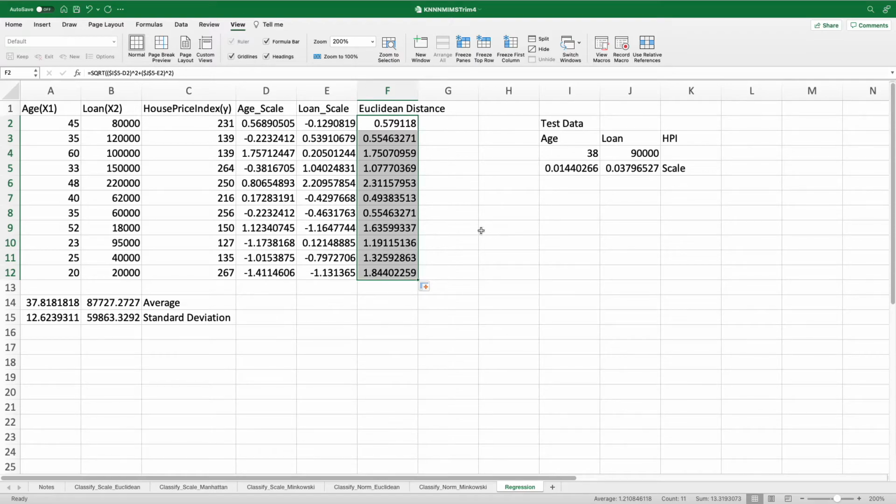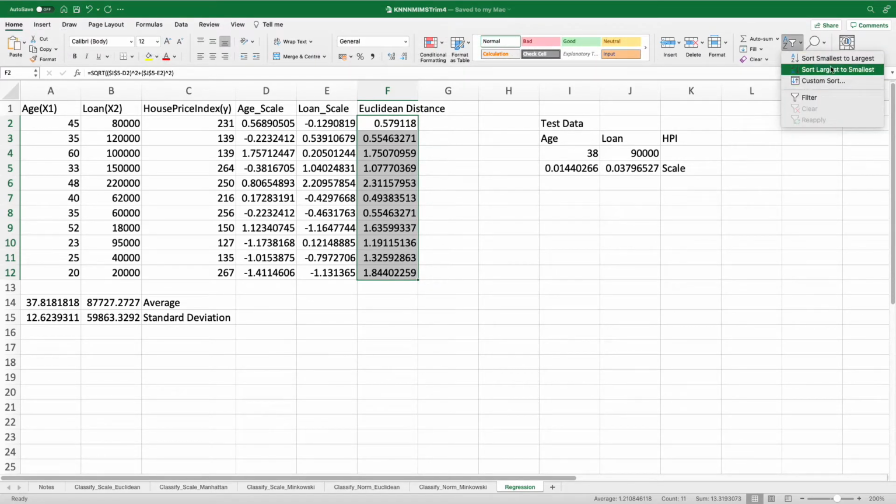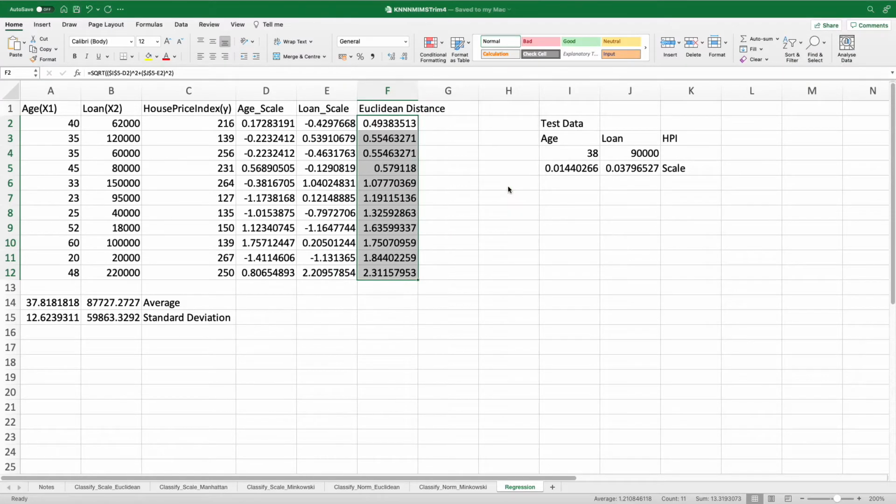You got the Euclidean distances. Save it. Then we will sort the Euclidean distance. Go to Home tab, sort and filter, smallest to largest, expand the sort.